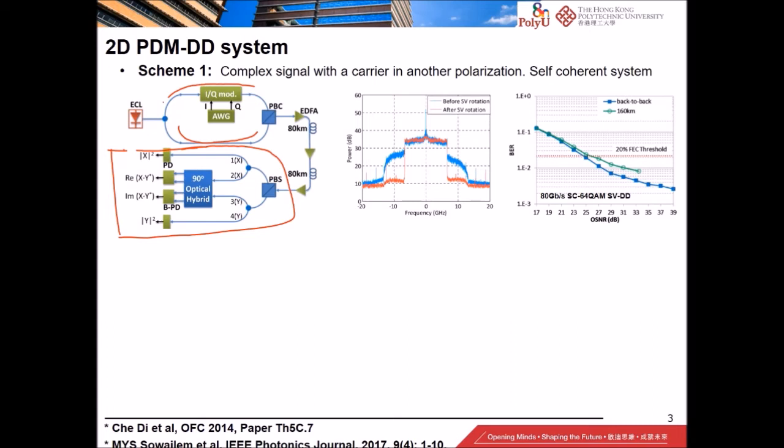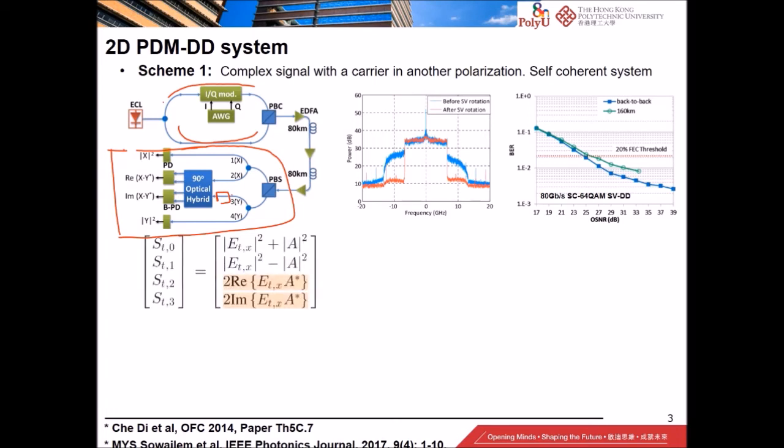Note that there should be some 90-degree polarization rotator in one of the inputs to the optical hybrid, so that the signals in both polarizations can beat with each other.